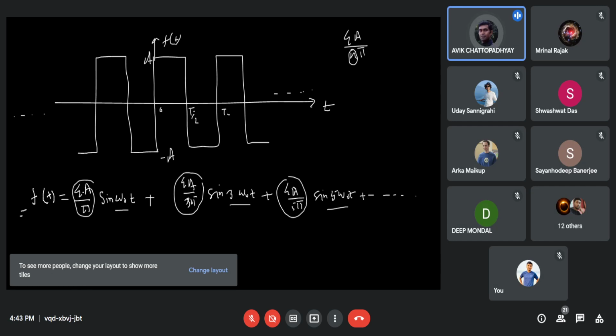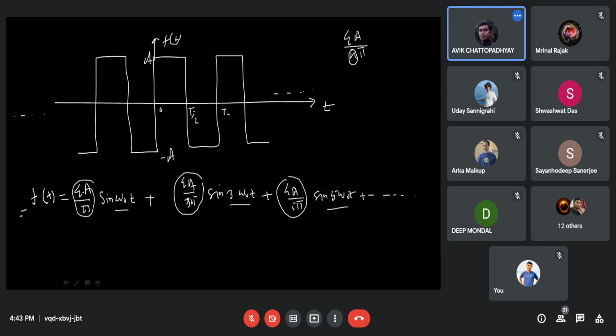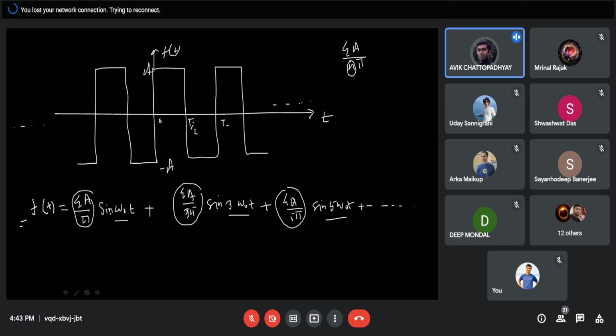In the last class, the last example we discussed, there also we mentioned that the coefficients, or you can say the amplitude, this term is basically the amplitude of the sine wave.